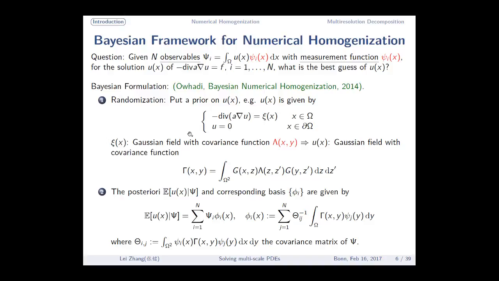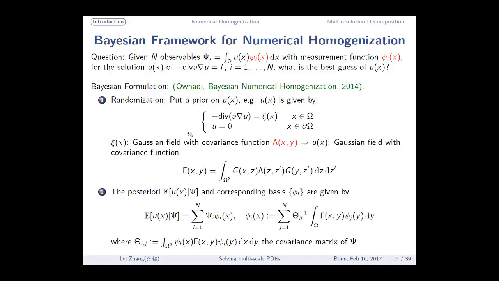Suppose we have a PDE, and we know some observables of the solution. For example, the average of U at some volumes or edges, somewhere. Suppose we know these observables of U, so we have this psi_i, and this psi_i is a measurement function.